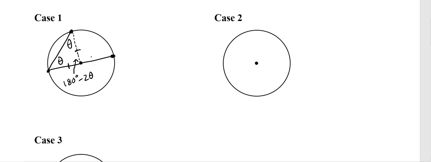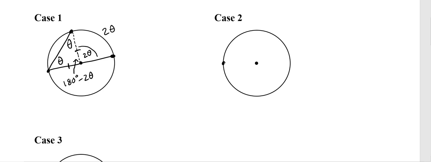But since we have a straight angle here along the diameter, that means this angle out here is 2 theta. But that's a central angle, and the arc it intercepts has the same measure. So we've proven that arc has measure 2 theta in this case.